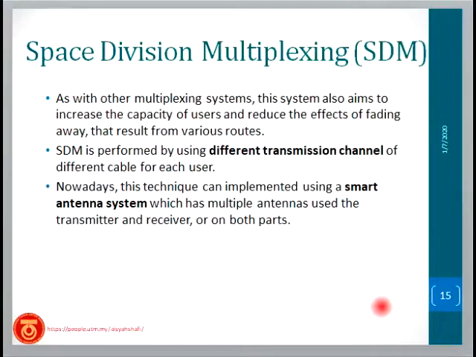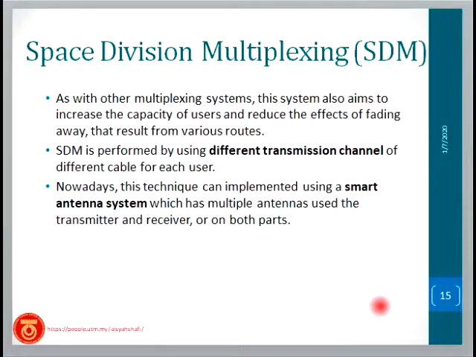The third multiplexing is space division multiplexing, SDM. As with other multiplexing systems, this system also aims to increase the capacity of users and reduce the effects of fading that result from various routes. SDM is performed by using different transmitters for each user.